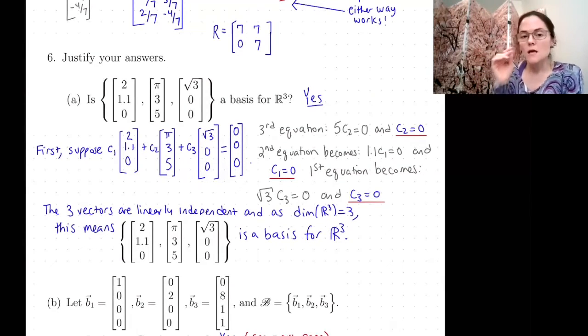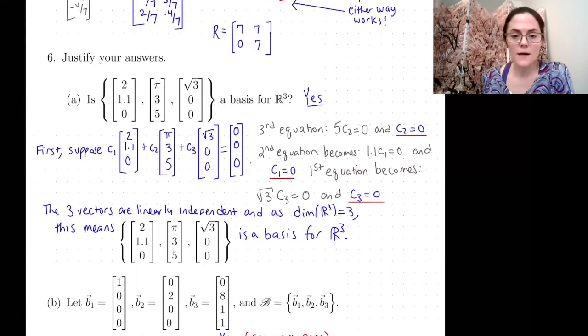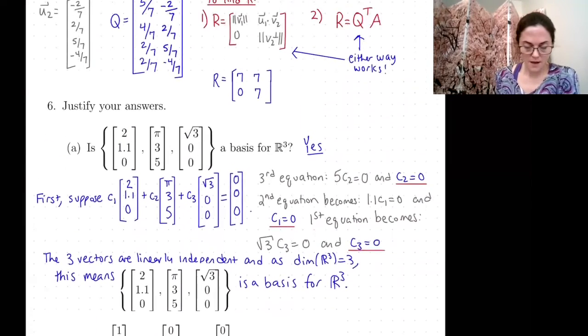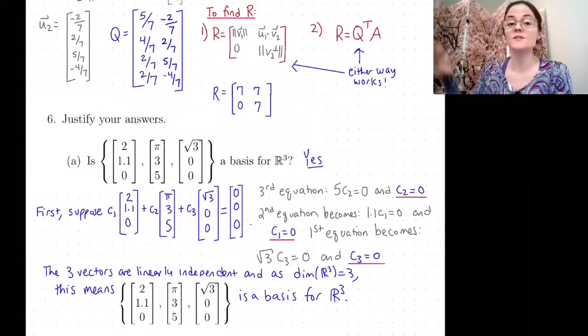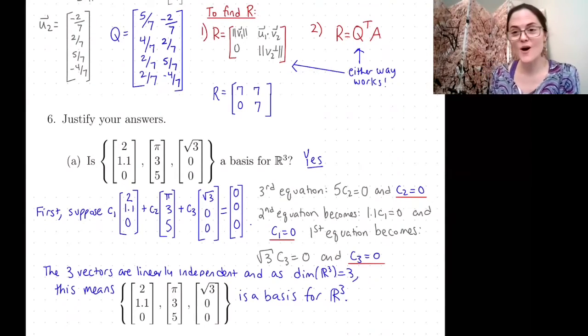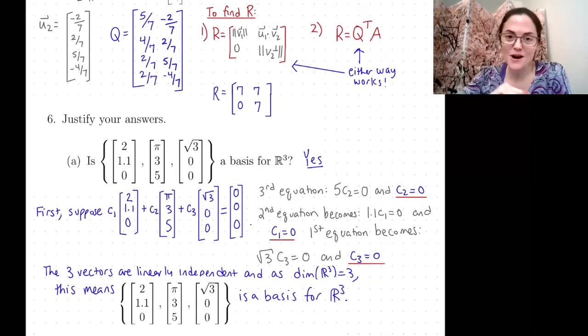Now, to show linear independence, maybe on this one, or the one below, part B, you can just put those vectors in the columns of a matrix and then say what the rank is. That's justification. If the 3 columns have rank 3, then you know those 3 columns are independent.